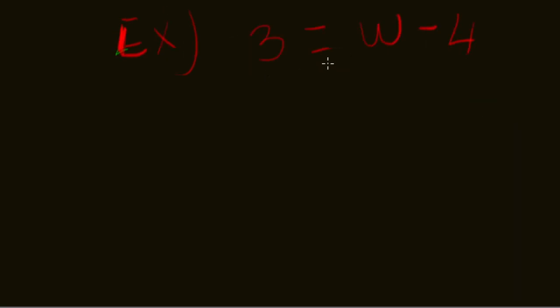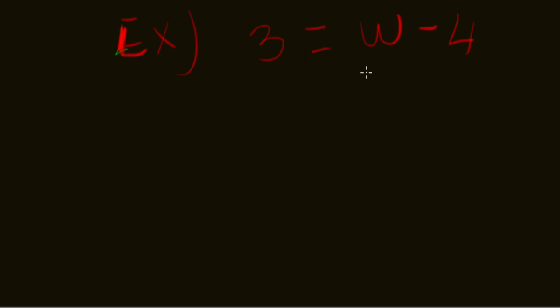Now, it isn't always the case that the variable is on the left side. The variable can be on either side. Let's look at this problem: 3 equals w minus 4. As you can see, the variable is on the other side, so you follow the same procedure.